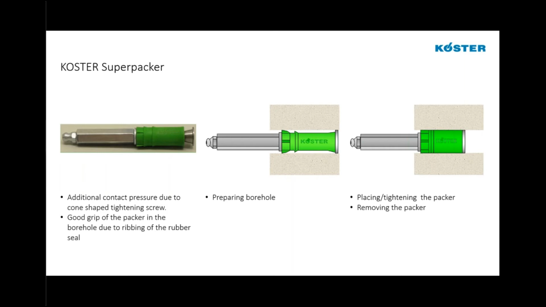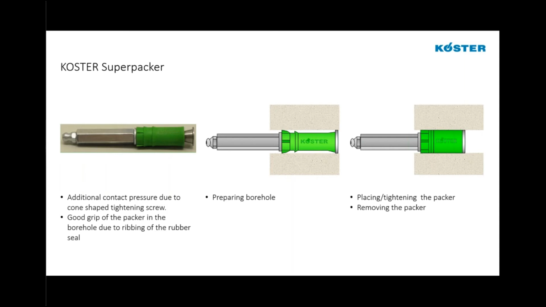These are installed into your borehole, and the shaft, so the silver part on the left, is tightened, and as it tightens, it expands that green rubber gland that, as we can see in the picture on the right, as that gland swells, you get much more contact with the surface of the borehole, so you're much safer, and you don't have nearly as much risk of a blowout of a packer.